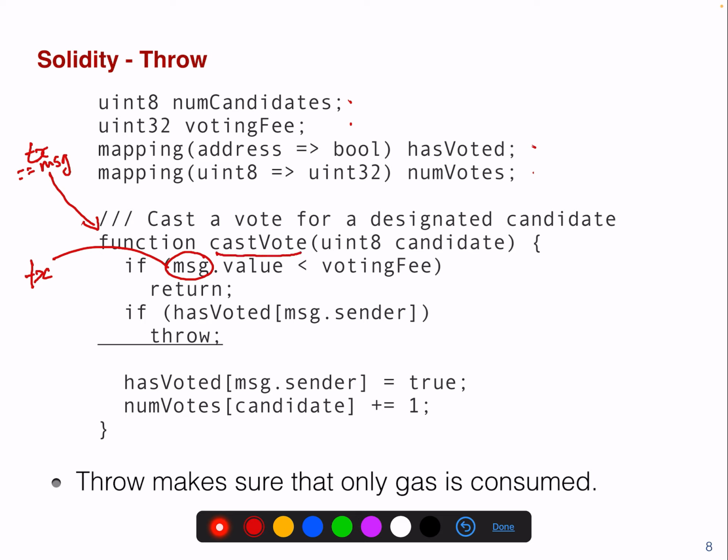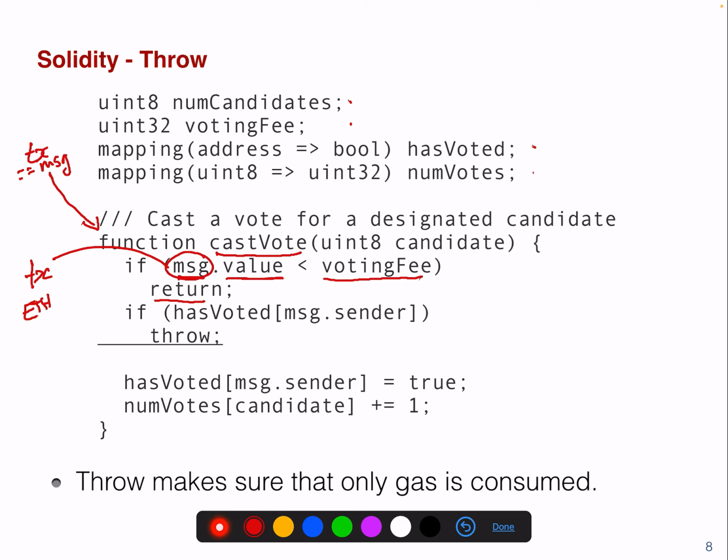And the smart contract will then check whether the value that's passed, if you check the transaction structure of Ethereum, is an ETH amount that is sent by the sender to this particular function of the contract. And the smart contract will check whether this is inferior to a particular voting fee that's defined somewhere, right? So if this message value is smaller than the voting fee, then return. So there will be no vote in that case.